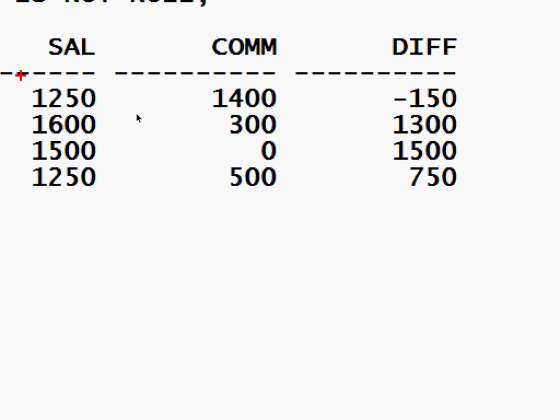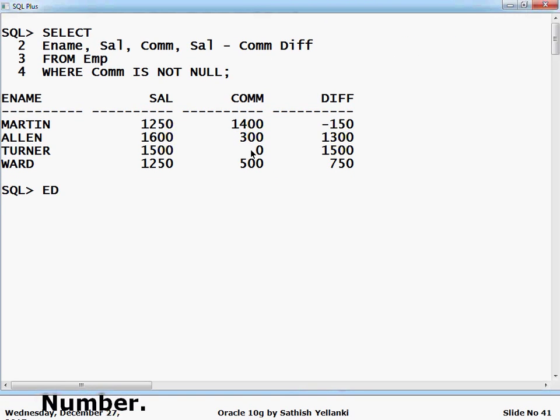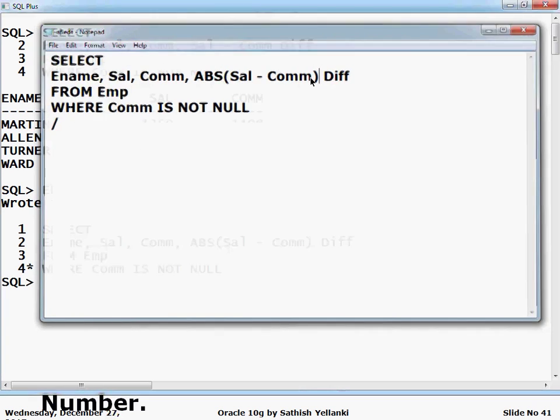Once we execute this, you can just watch here. In this case, we got the result as a negative number because salary is less than the commission. But now my requirement is to return the absolute difference of the salary and commission. So whenever you say absolute difference of the salary and commission, we call the absolute function there.